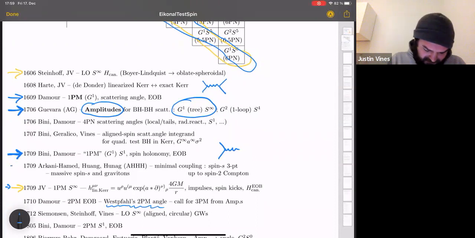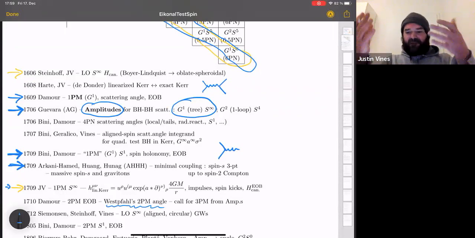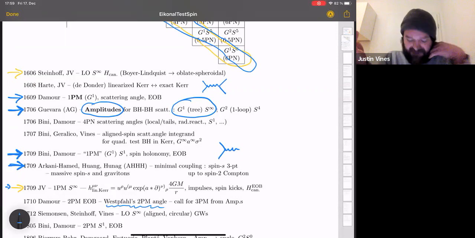They had given talks about it for months beforehand. In this very famous paper by Arkani-Hamed, Huang, and Huang, from now on AHH, where they talked about scattering amplitudes for all masses and spins, including massive higher spin particles.